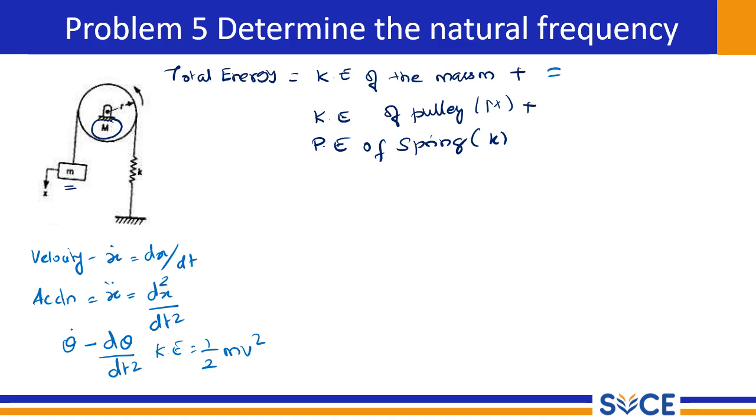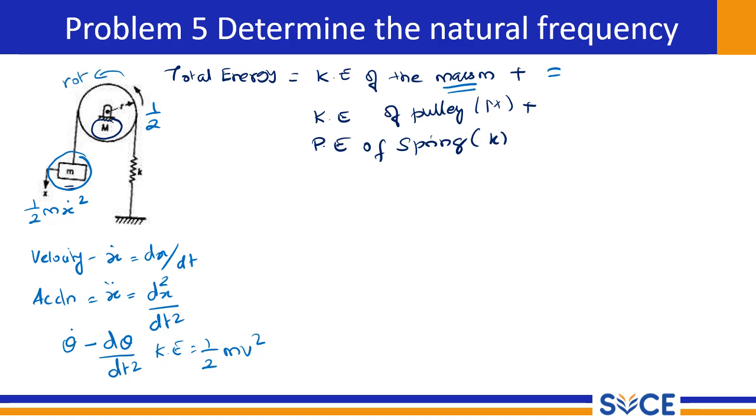So let me put in the equation: kinetic energy of the mass m. For this mass, it is half m, since it is v square, is it not? It is velocity, represented as x dot square. For this, it is half, and this is rotational.